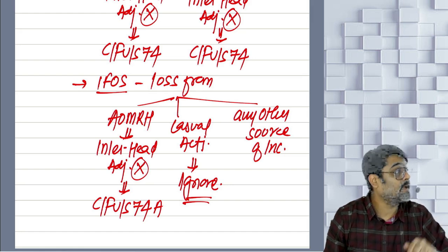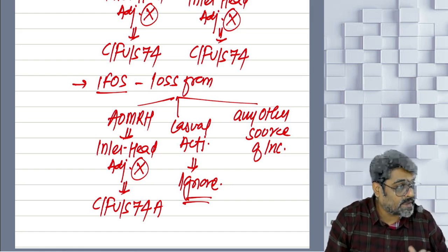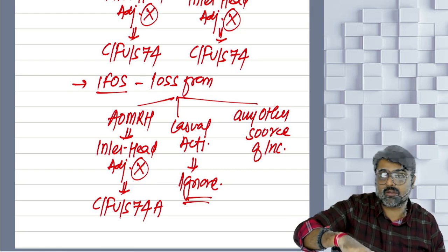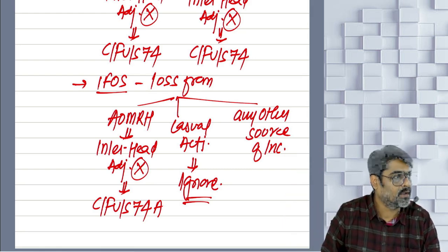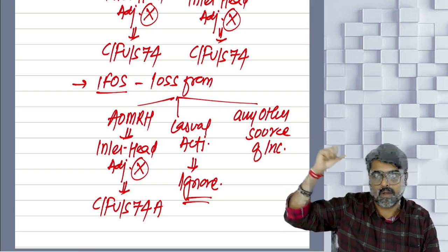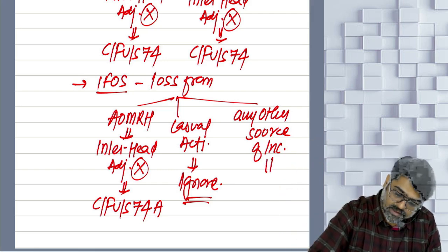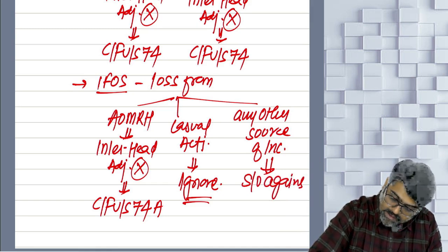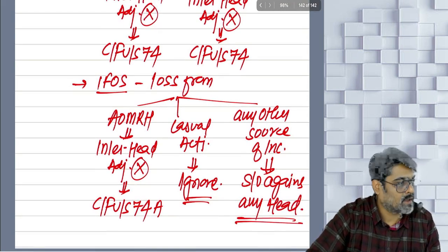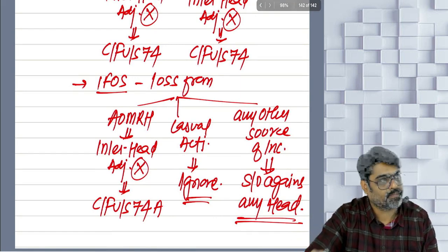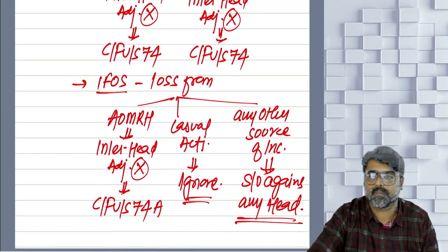You can even set off against the income of activity of owning and maintaining racehorse. But if this loss still cannot be set off, it will become the loss of IFOS head, and it will be set off against any head of income. There is no restriction. Set off against any head is allowed.